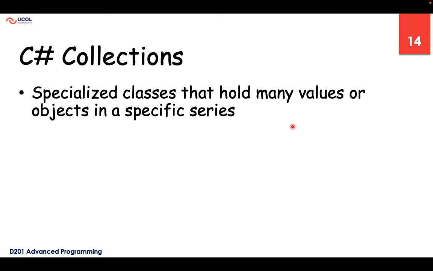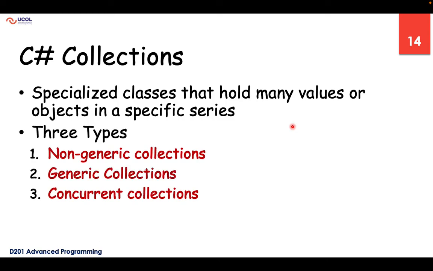These are dynamic arrays which can grow and shrink based on our requirement. We have different types of collections available inside the C# libraries: non-generic collections, generic collections, and also concurrent collections.